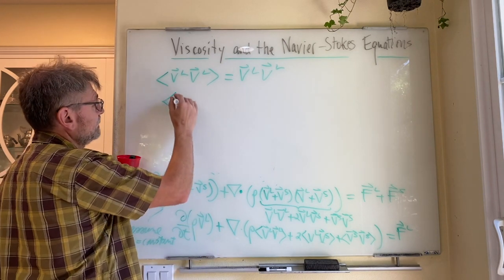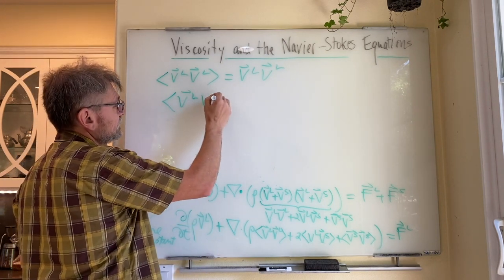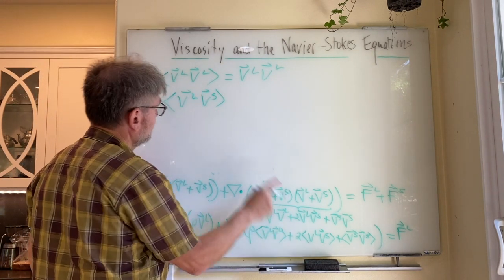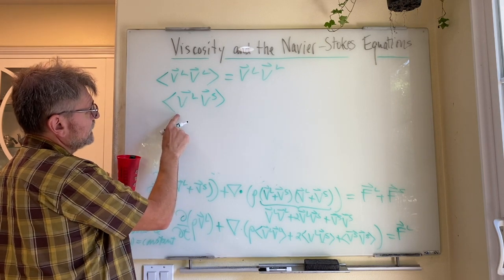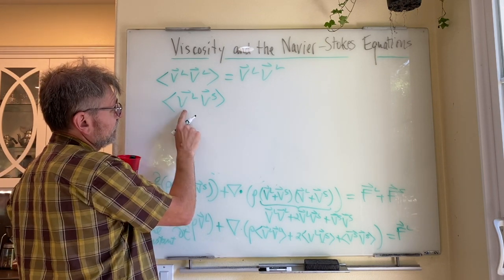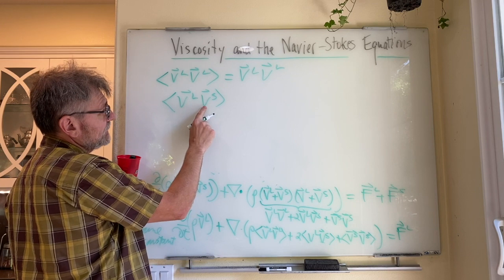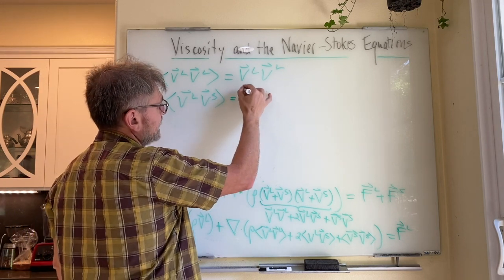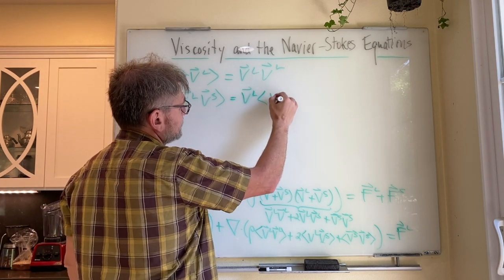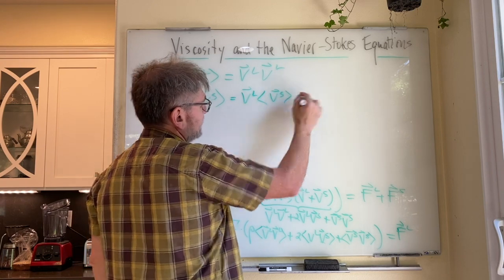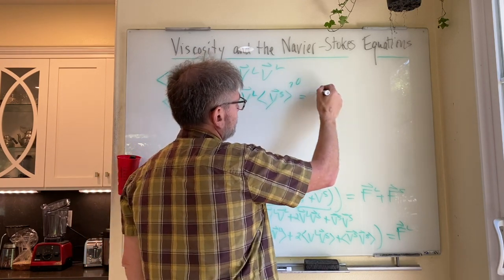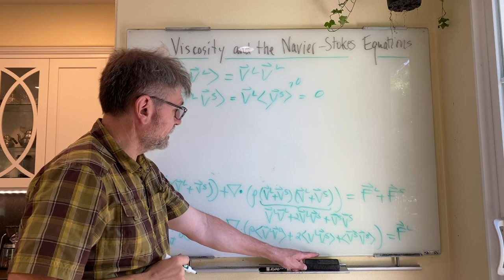The averaging of VL and VS, this term here, well, VL is a constant with respect to the averaging, so I could take it out of the averaging operator, and then the average of VS is just 0. So this becomes VL times the averaging of VS, and this one is just 0, so the whole thing is 0. So this term vanishes.